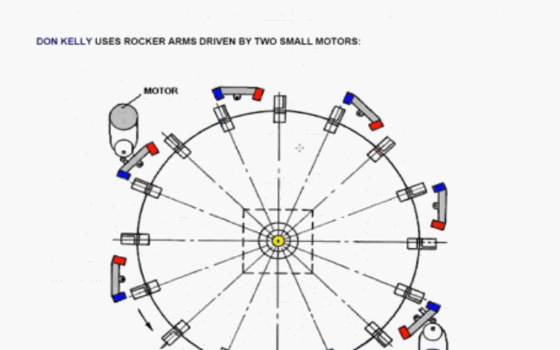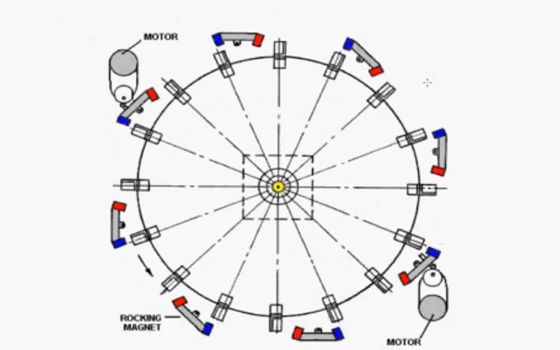Now, that idea of moving a magnet that is a stator magnet so that it doesn't get in the way is very common. This one here is from Don Kelly of the US. He demonstrated this maybe 20 years back. He uses two motors connected to a whole series of rocker arms.